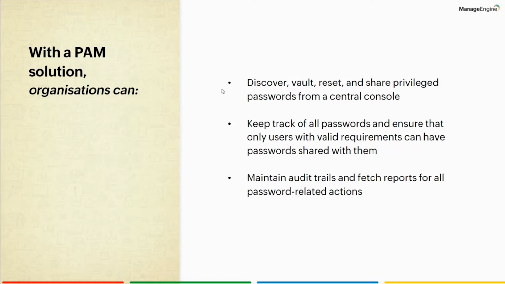But let's come back to the PAM 360 privileged account governance module. The discovery and vaulting does not stop there. You have to share the credentials securely with the end users with various access levels and bare minimum privileges. And it should also have a transparent auditing and reporting system so that it can keep track of all the privileged activities taking place within the application.